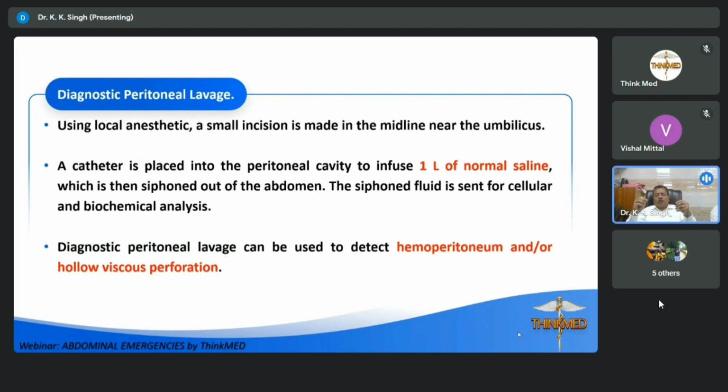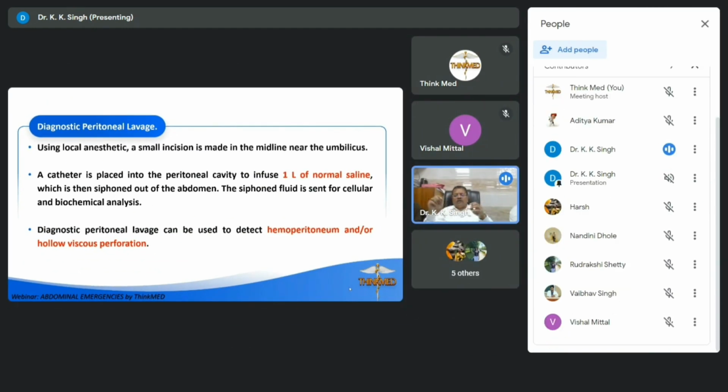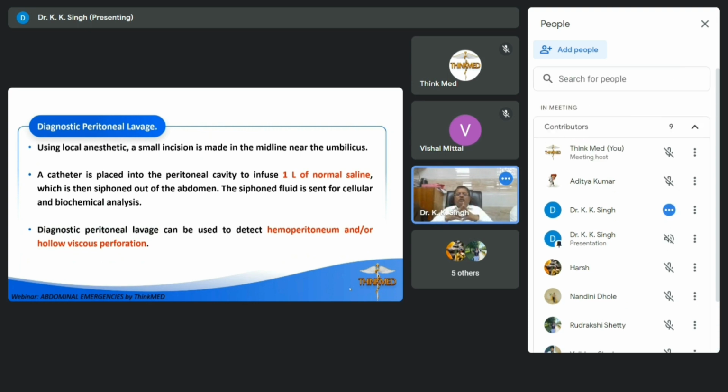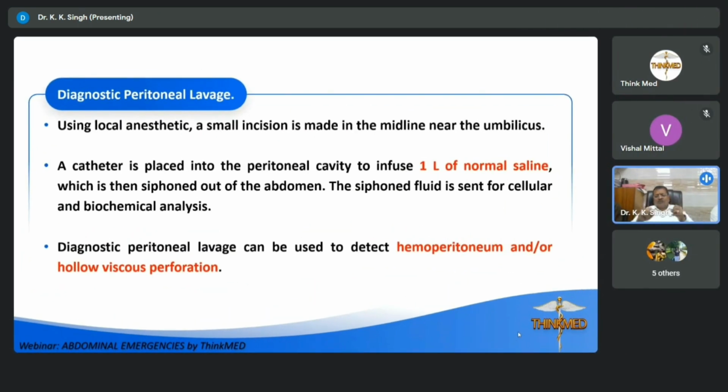You want to differentiate what is the content in the peritoneum which is causing peritonitis, whether it is hemoperitoneum, whether it is bile, whether it is fecal matter, or whether there is pus. It is a simple test, especially for peripheries where you don't have a well settled ultrasound. So you do these tests and you will come to know what is the content.